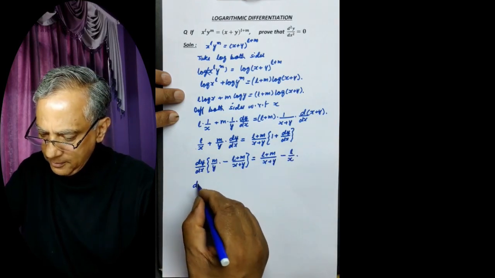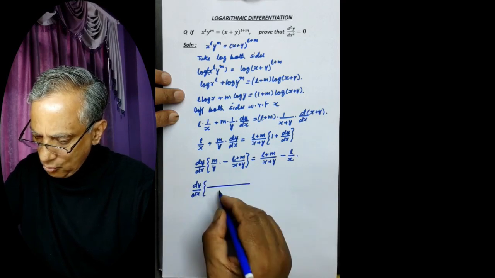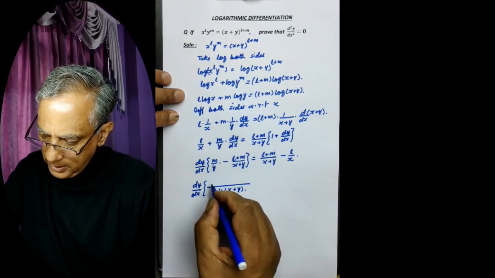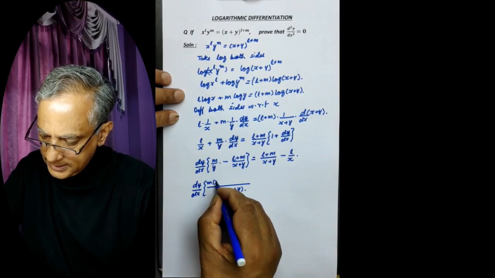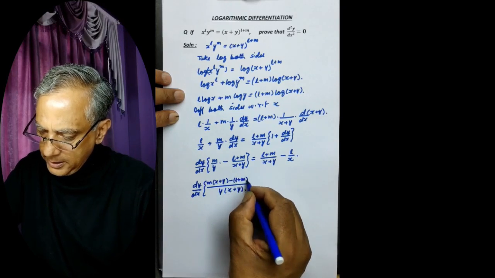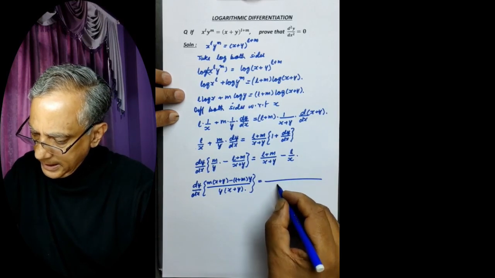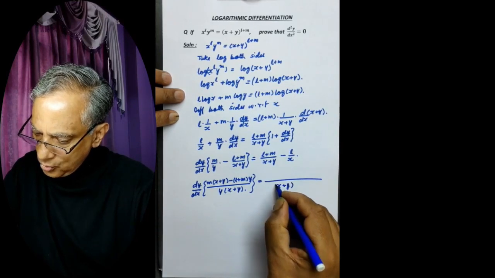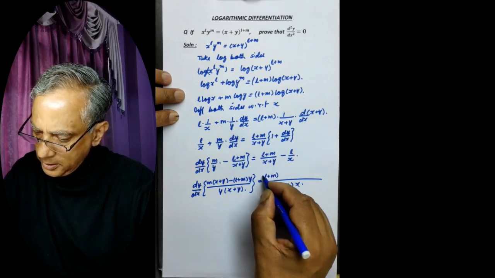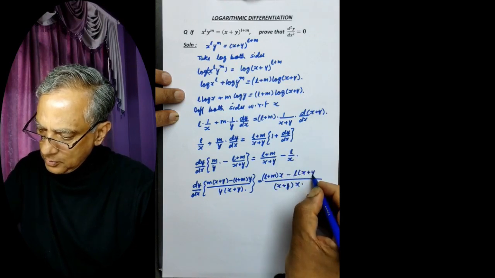Now take LCM on both sides. This will be y into x plus y. This will be m into x plus y minus L plus m into y is equal to, LCM here will be x plus y into x, and this will be L plus m into x minus L into x plus y.